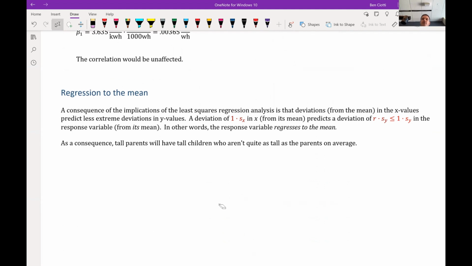And if you take that equation, delta y over 1 equals beta 1 equals r times s sub y over s sub x, and you use the fact that r is less than or equal to 1, we can see that the change in y that corresponds, let's see, how should I say this?